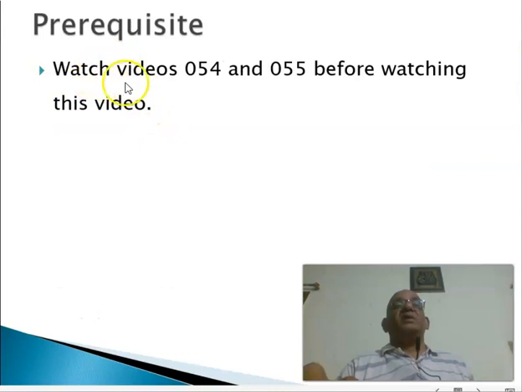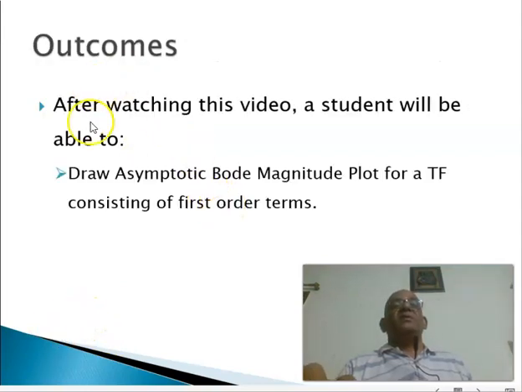It would be best if you watch videos 54 and 55 once again, take notes and keep the notes handy before watching this video to make the best out of this video. This video essentially discusses drawing the asymptotic Bode magnitude plot. We will come back to the phase plot at a later time.